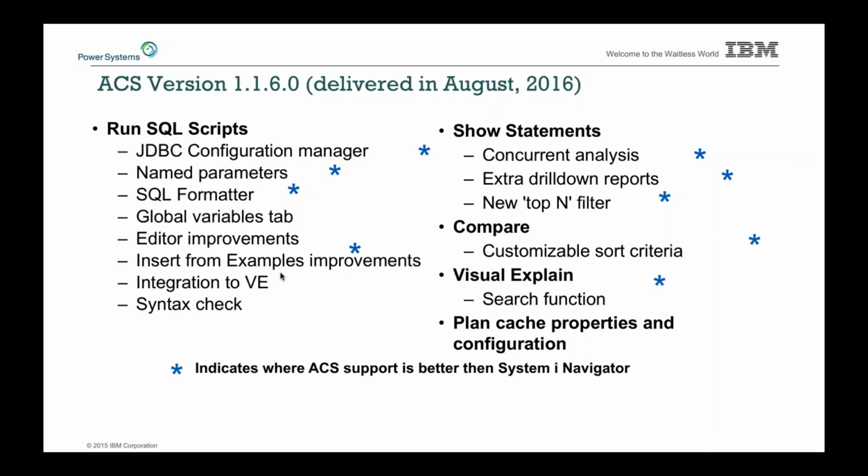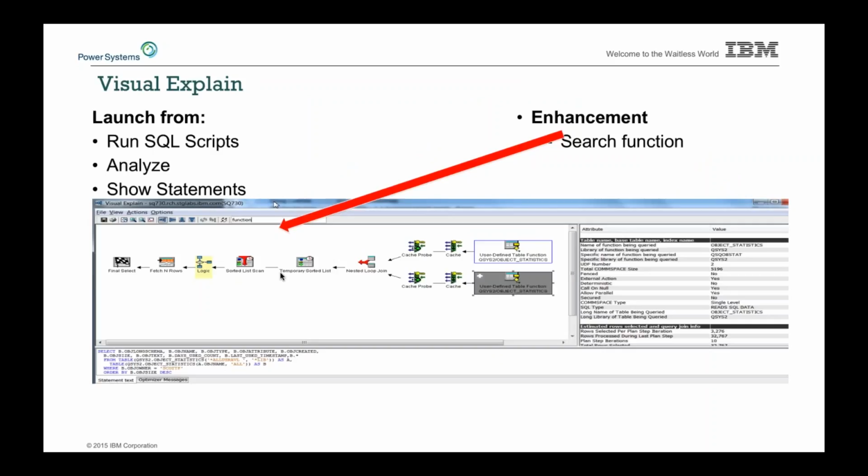Under show statements, compare, a bunch of new things added there, as well as we delivered Visual Explain this year, which was a pretty exciting thing as well. So lots of new features there. From Visual Explain, one of the things that's rather interesting: we wanted to deliver something that was very much normal to the user. So we delivered it with the exact same imagery, the exact same usage.